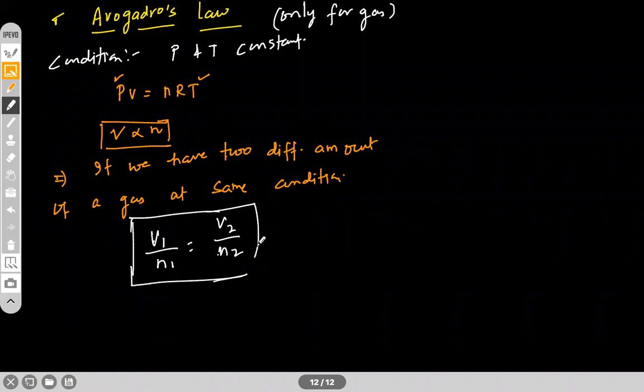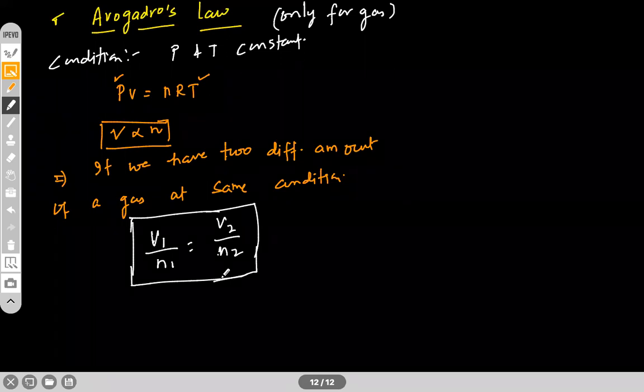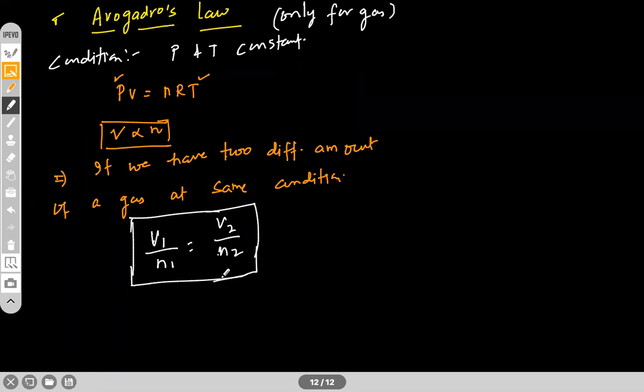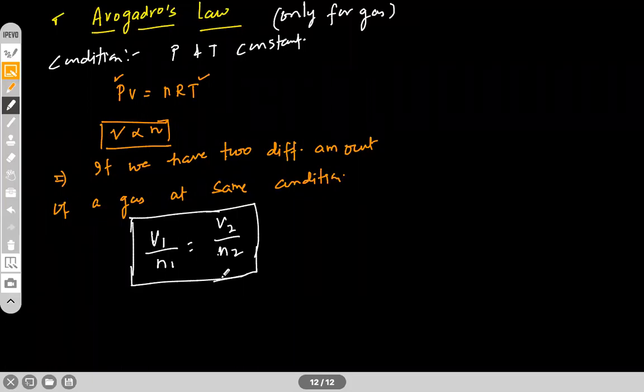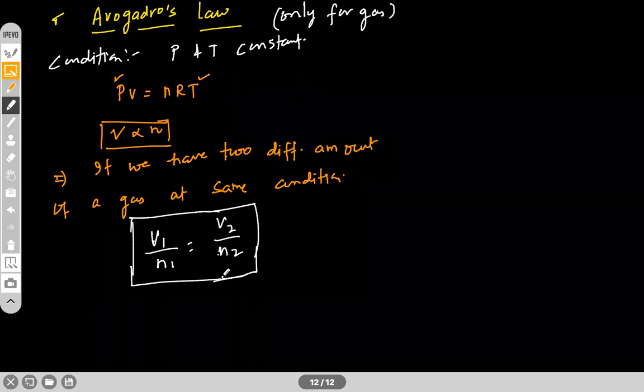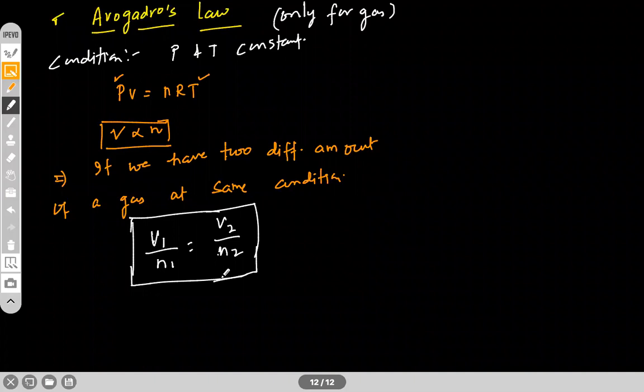Is this correct? Suppose n1, n2 you have taken at the same condition. So n1 will occupy a certain volume, n2 will also occupy a certain volume. So the ratio of V by n will be a constant. So V1 by n1 equals V2 by n2. Correct? No doubt.